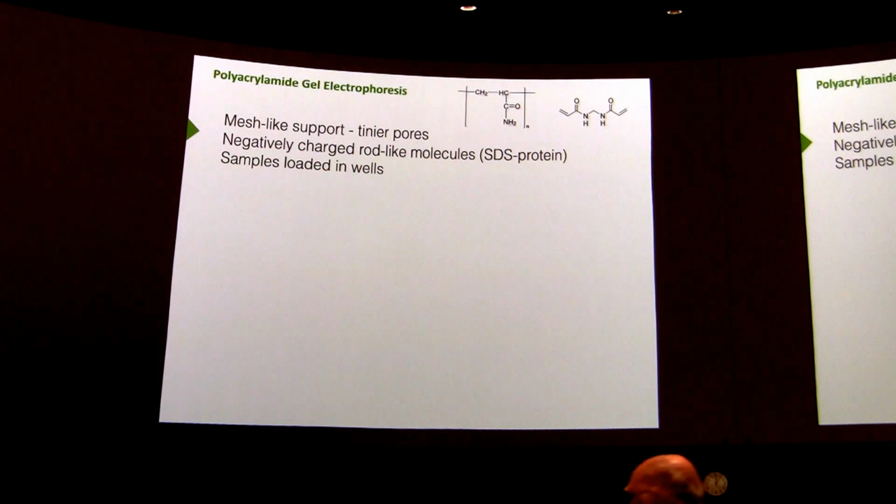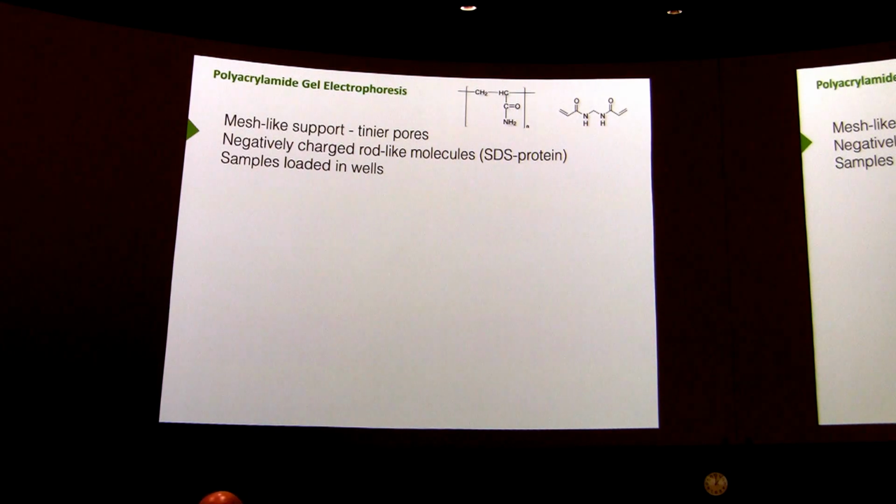So just like the DNA molecule had more negative charge the larger it got, so too will most globular proteins have more of a negative charge the longer they get. So in essence, the proteins are all going to have the same ratio of size to charge. Now you might say, well, what about the charges inside of the protein, right? What about those charges? Because proteins have their own charge.